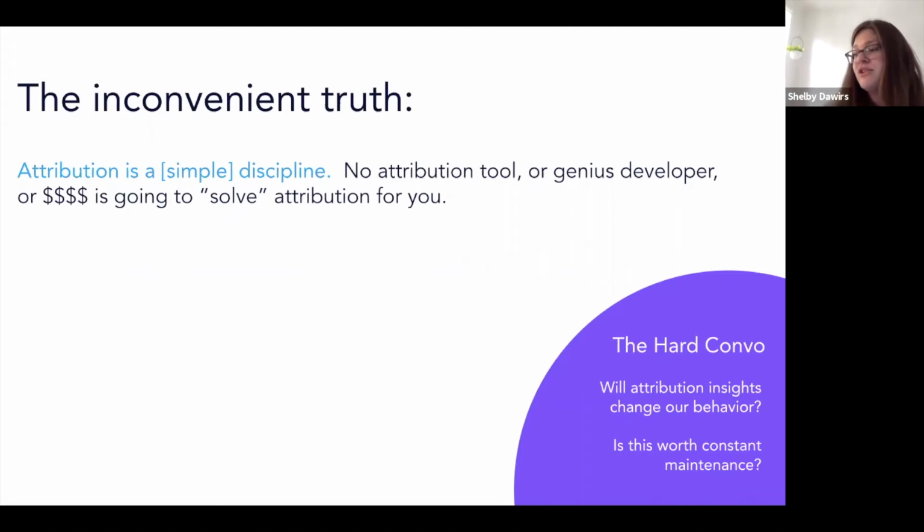If we learned that BDRs were incredibly powerful, would we defund some other campaign to invest there? So getting honest about what we are going to do with these results is a great way to get started, because it is constant maintenance and it has to be worth that. It's not just interesting information, but you actually take action.